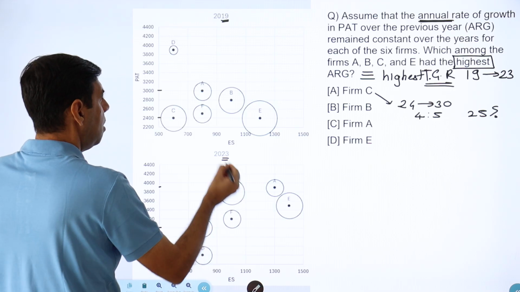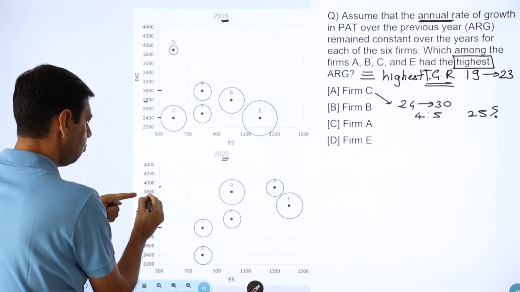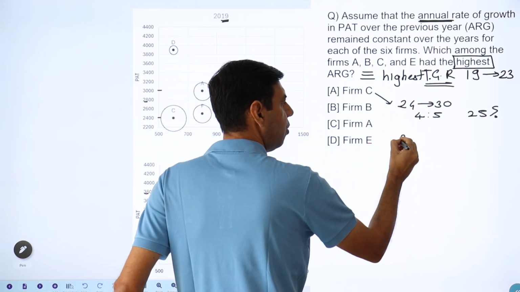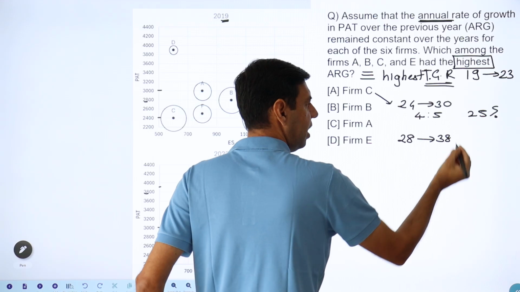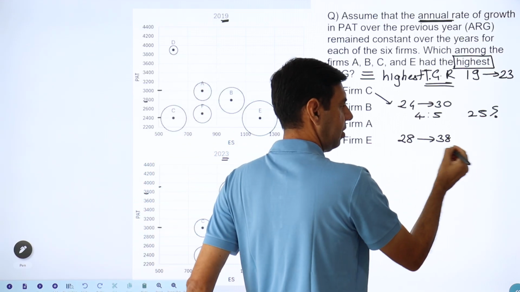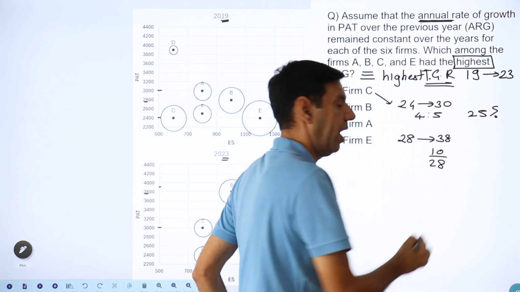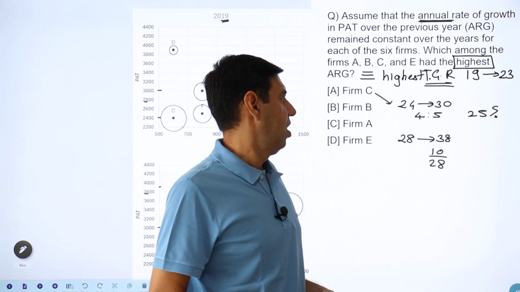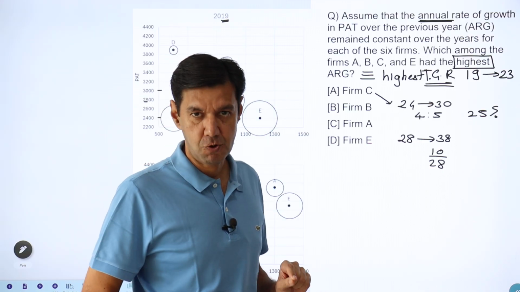Firm B was 2800, went on to 3800, 28 went on to become 38, an increase of 10 by 28. You could look at it this way also, an increase of 10 by 28. 1 by 14, you should know 1 by 14 is 7.14.